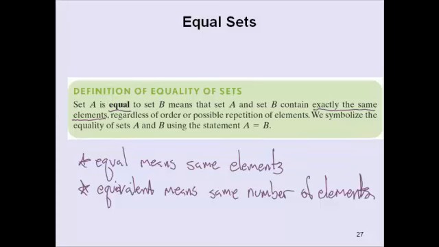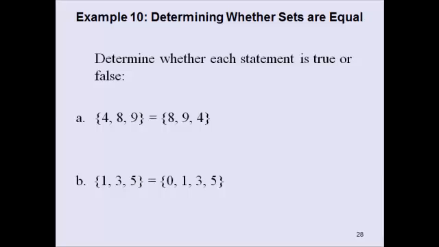Okay? And so that brings us to our very last example for this one. We want to determine whether the sets are equal. If you look, the 4 is here and here, the 8 is here and here, and the 9 is here and here. And so these are equal sets.